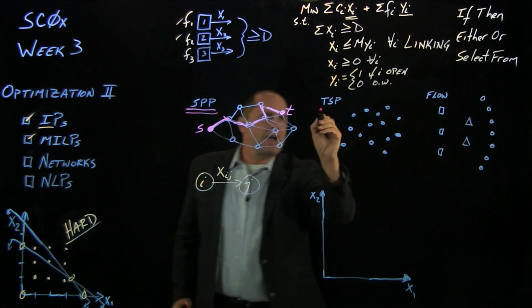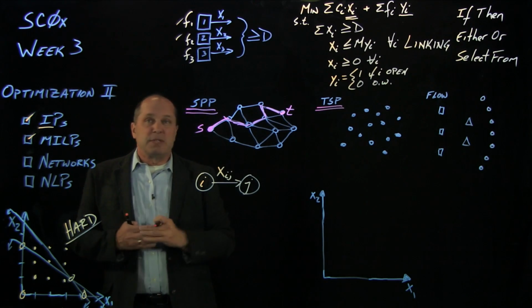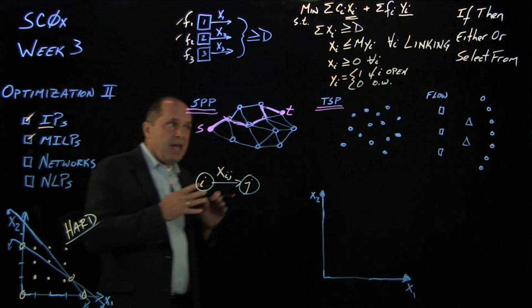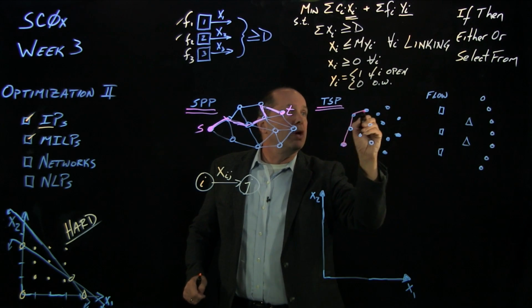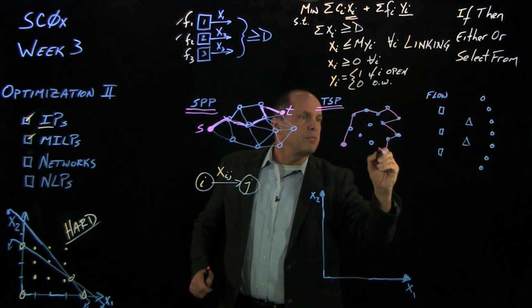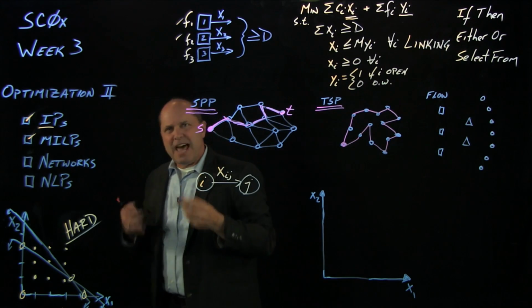Then we'll move on to the traveling salesman problem, which is probably one of the oldest problems that have been studied for many centuries. And what it comes down to, what the question is, is how do I visit each and every node once and only once at a minimum cost? So the traveling salesman problem is core for any kind of vehicle routing problem, any last mile delivery.